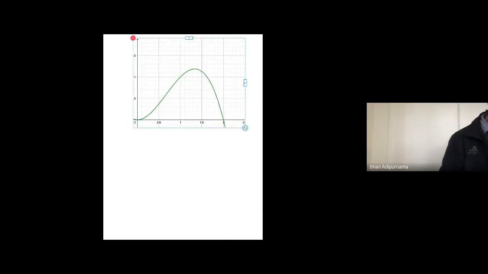Let me write the problem, or let me just give you the drawing. So this is y equal 2x squared minus x cubed.